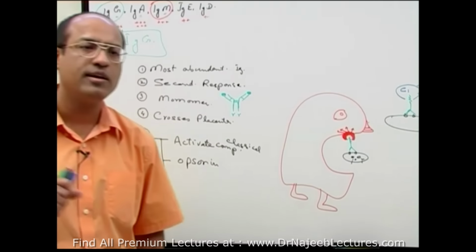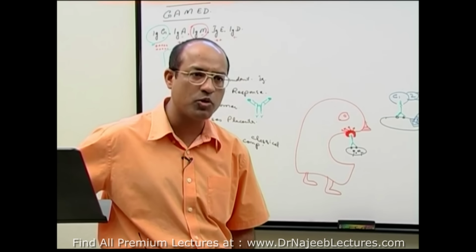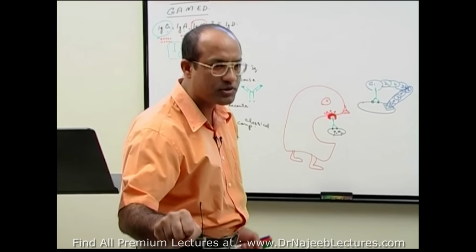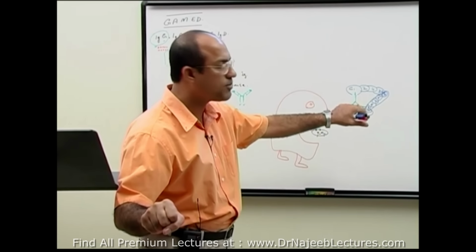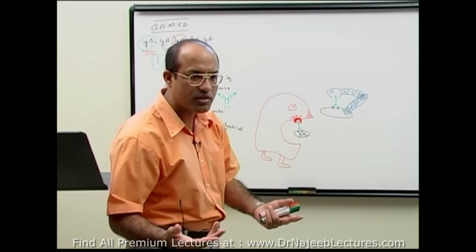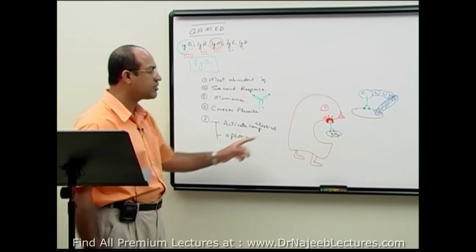What is opsonization? Opsonization is a process in which an opsonin molecule binds to a particulate matter. On one side they bind to the particulate matter, which may be bacteria or a cell. On the other side they bind with the phagocytic cell, and they facilitate the process of phagocytosis, right? So IgG acts as an opsonin.